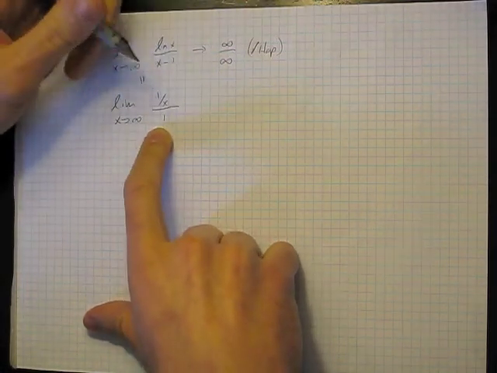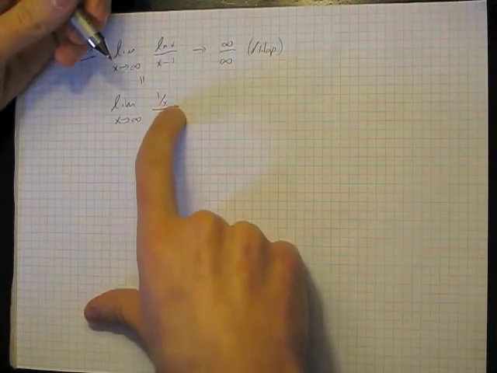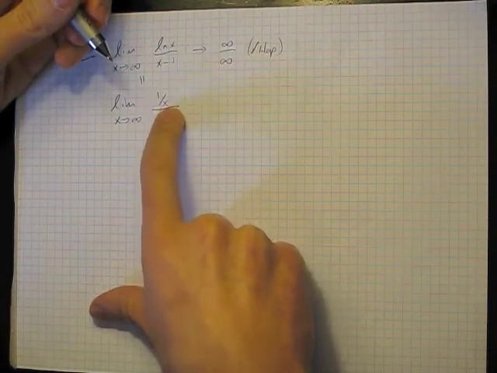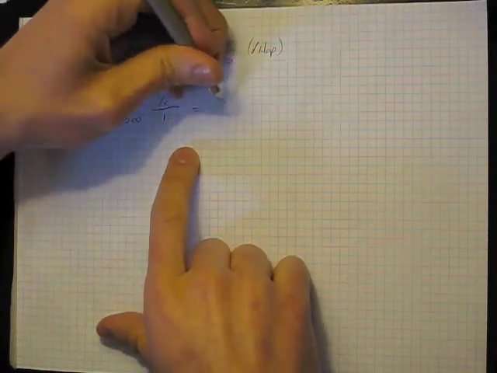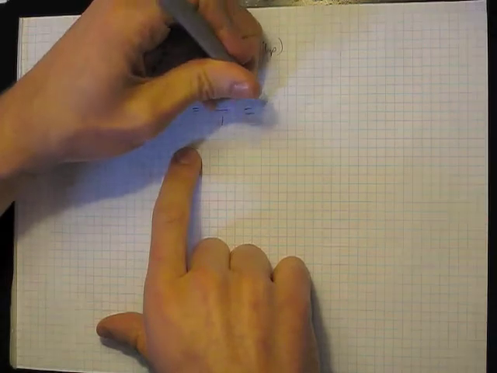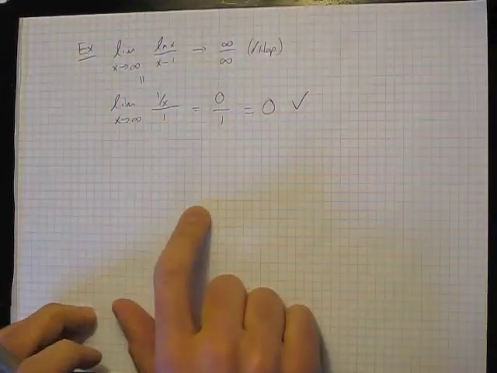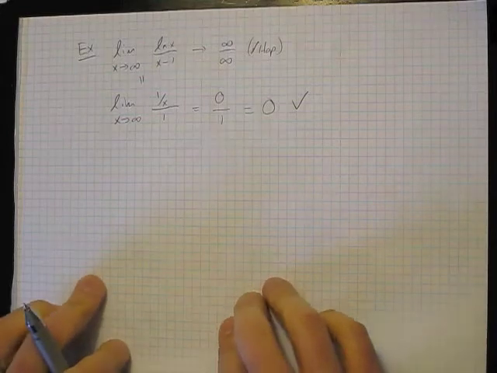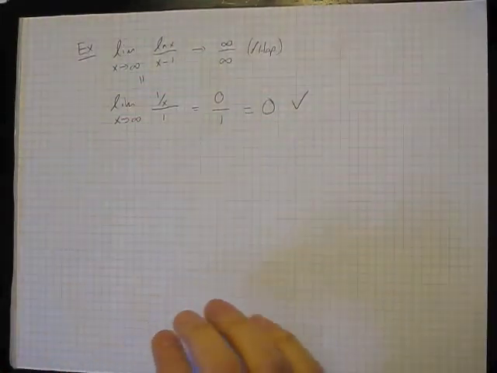So now, what's happening to this fraction? Well, the 1 stays the same as x goes to infinity, and the numerator here goes to 1 over something that's getting larger and larger. So the numerator goes to 0 in this case. So this is 0 over 1, which is 0. So this limit approaches 0 as x goes to infinity.